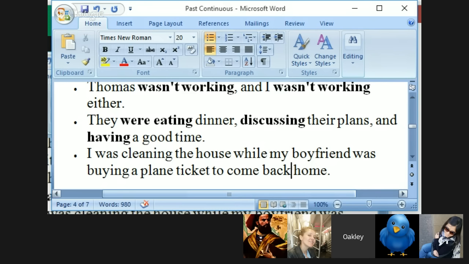But a lot of times you don't need any preposition. For example, you go to the store. You go to the mall. You go to the bathroom. You don't go to home. You just go home. So there's a lot of times you don't really need a preposition. Buying a plane ticket to come back home. All right, that makes sense.